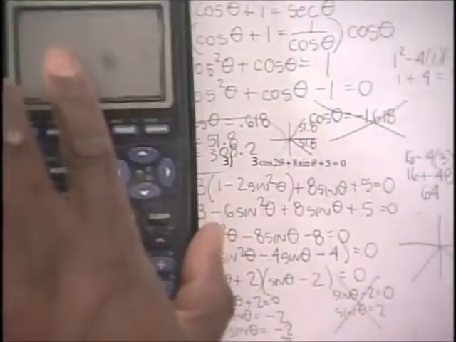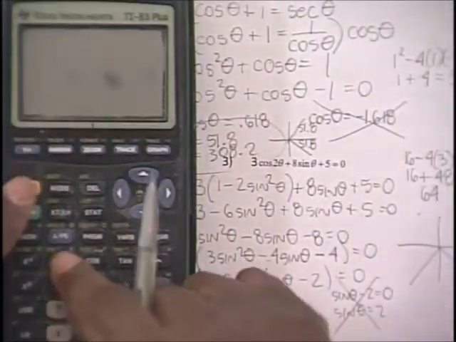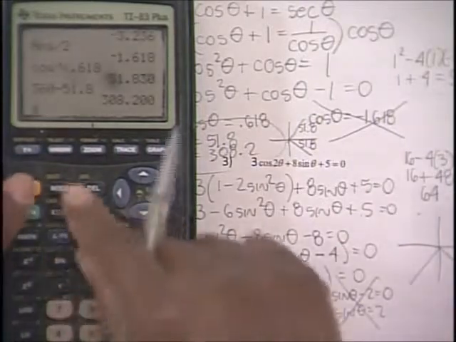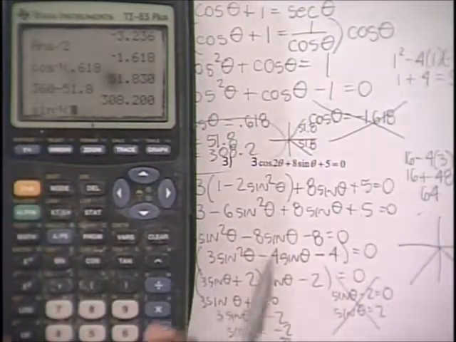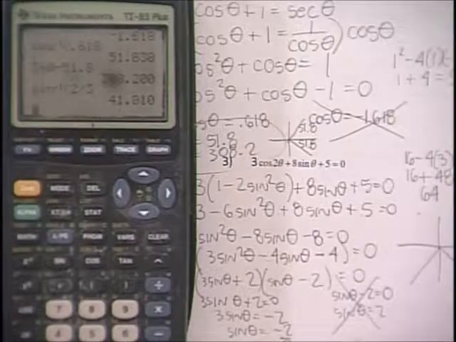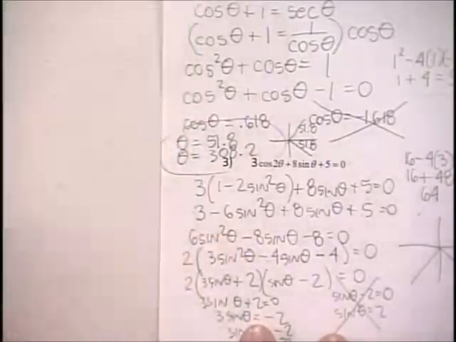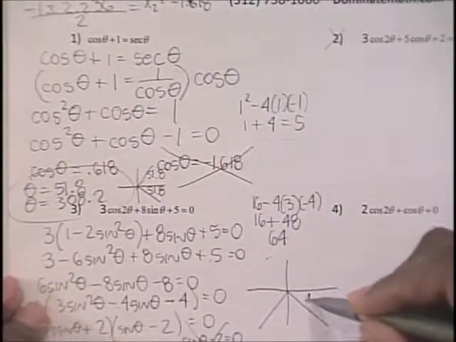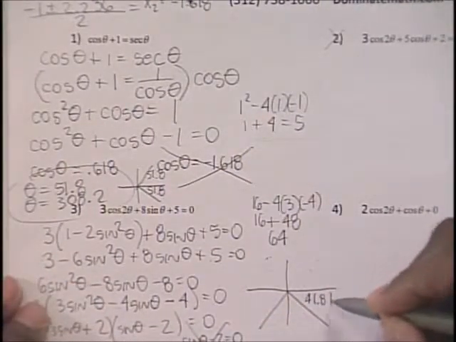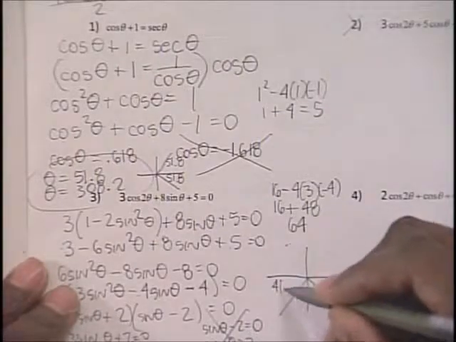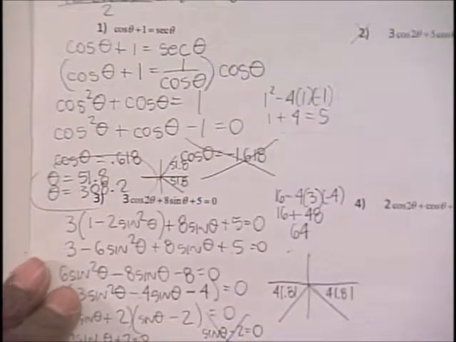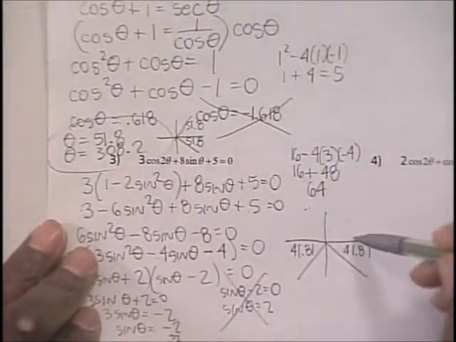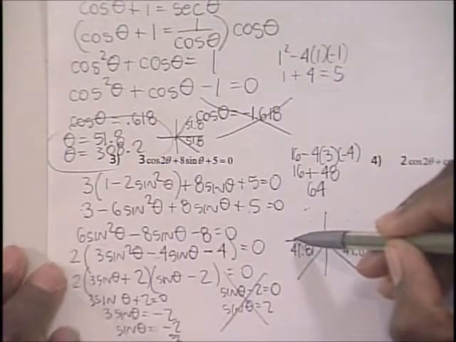So now what you're going to do is put in the calculator the arc sine of 2/3. The arc sine of 2 divided by 3, and you end up with 41.81. So your reference angle is 41.81. You put 41.81 here. So your answers are going to be, this is 180 degrees here.